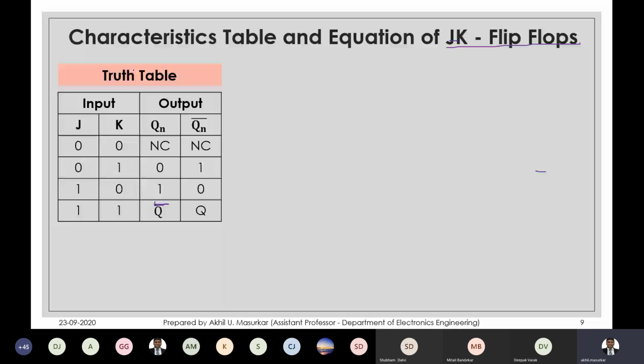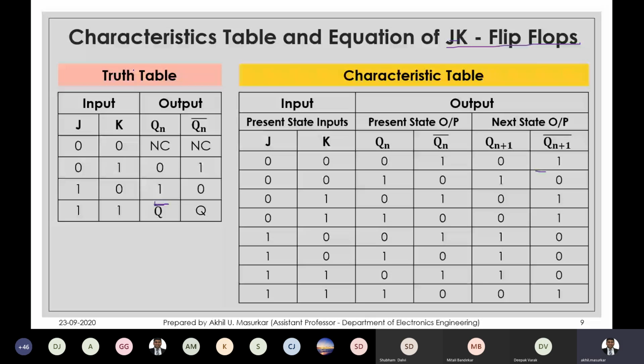Please start making the characteristic table for this. The characteristic table will be like this. We have combinations of JK: 00, 01, 10 and 11.